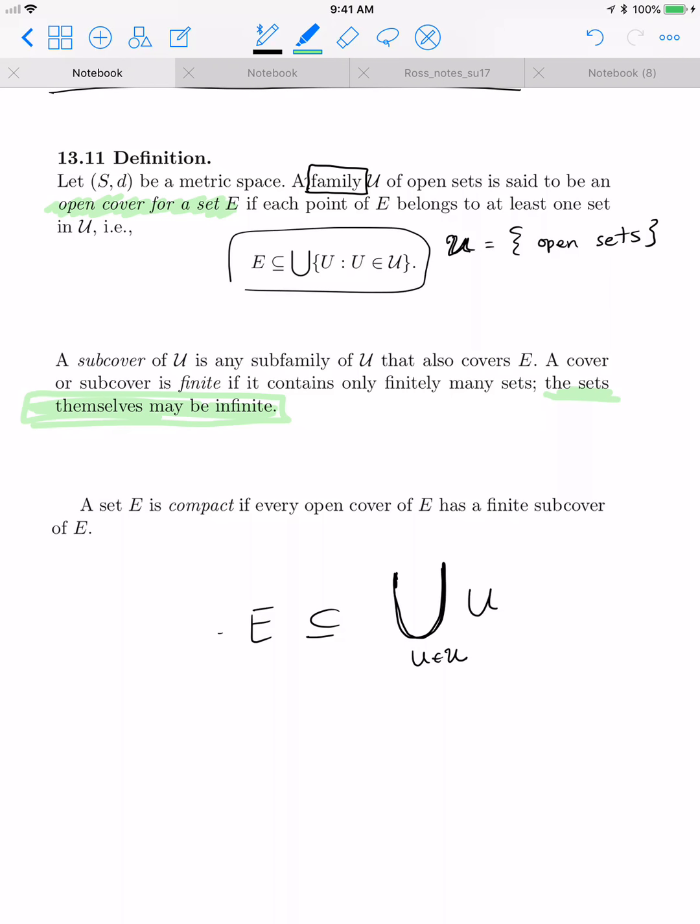The question is how many elements of script U are actually covering E, right? So if E is contained in the union, do you need all of those sets in script U? Or can you reduce script U to a finite subcover?